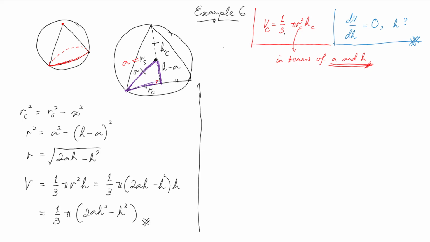If the first part of the question is not there, let's say that the question simply asks you to find what is the height when the volume of the cone is maximum, you do not necessarily have to use this particular really a bit complicated diagram and geometrical problem over here.